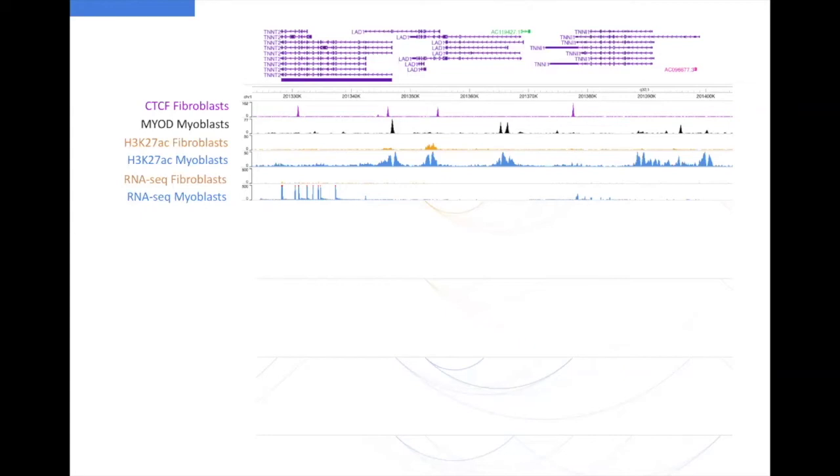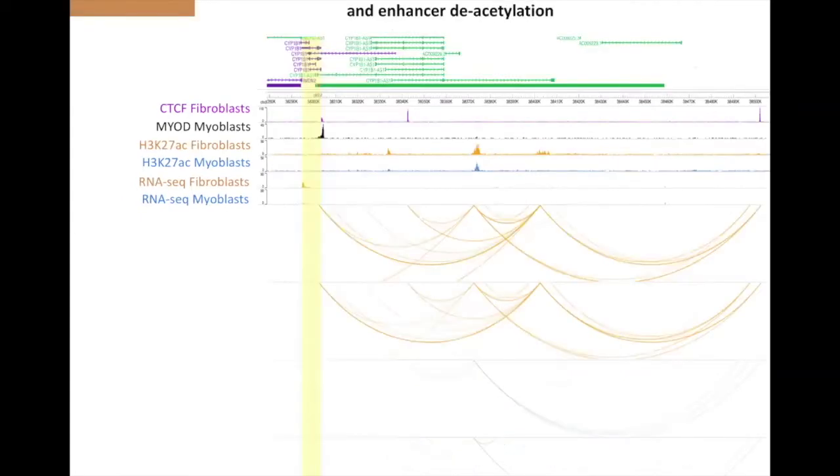And finally, I want to show you how this HiChIP kit can reveal a beautiful feature that we're actively investigating, and refers to the MyoD ability to repress gene expression through the disengagement of previous interactions in fibroblasts.